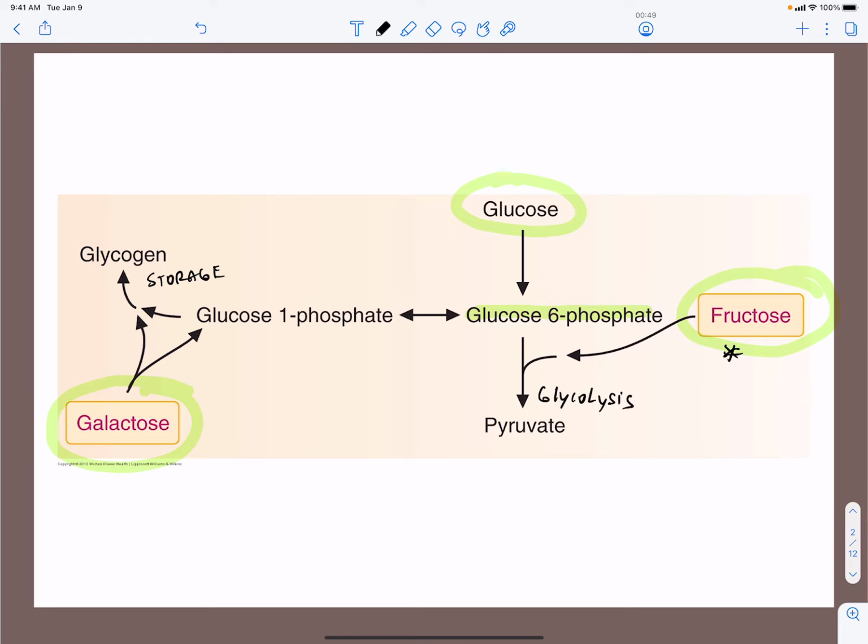Fructose only has one fate, and that's to go through glycolysis. So if you take in fructose, you're going to have to push through glycolysis and make energy. And then your other sugars that you take in will go to storage. Galactose also can go to storage, or it can feed back into the glucose pathway to go through glycolysis.